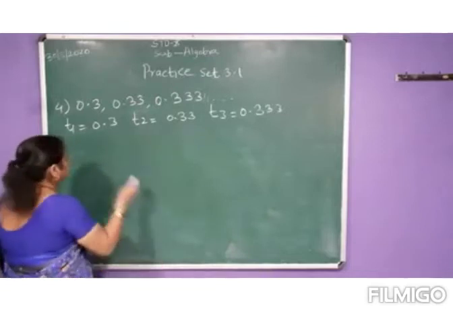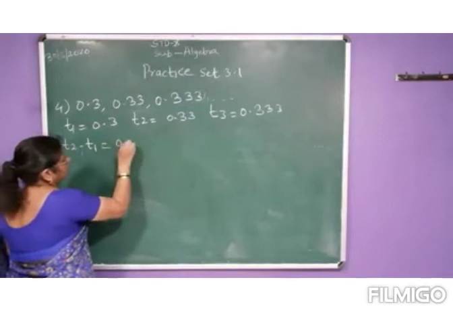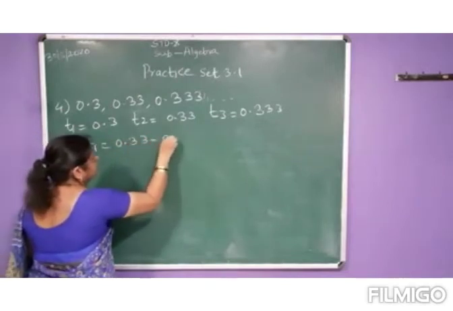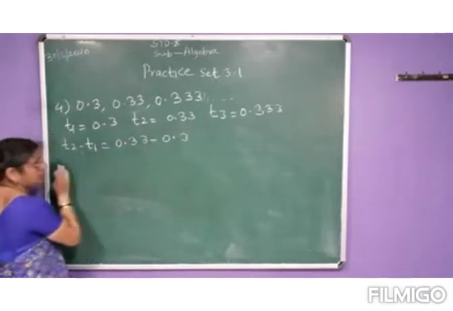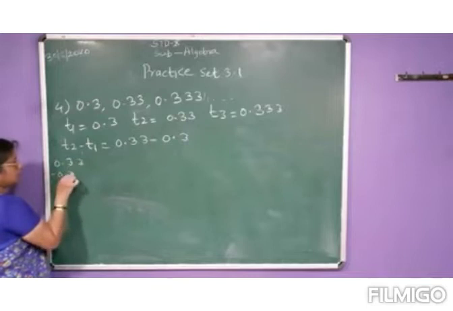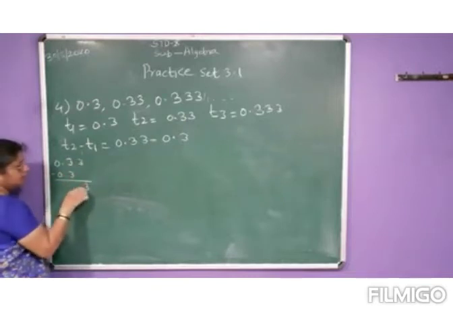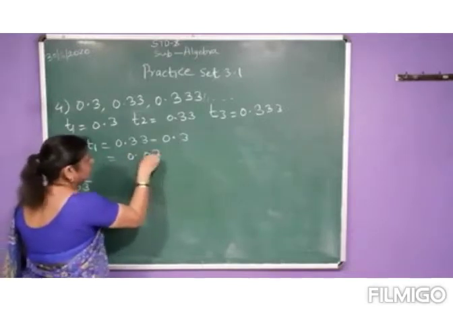Now we will find out T2 minus T1. T2 minus T1, that is 0.33 minus 0.3. Now see, if you don't know how to do it, you can do it at the side, 0.33 minus 0.3. Now 3 as it is, 3 minus 3 is 0. So what you got, T2 minus T1 is 0.03.